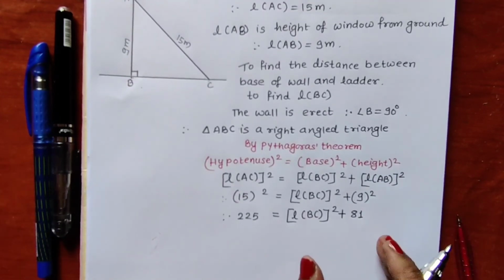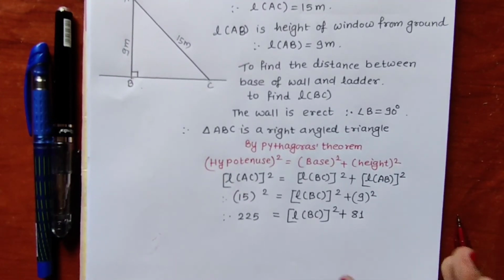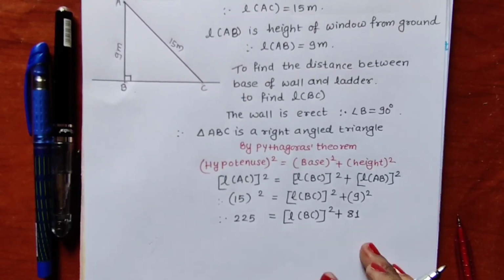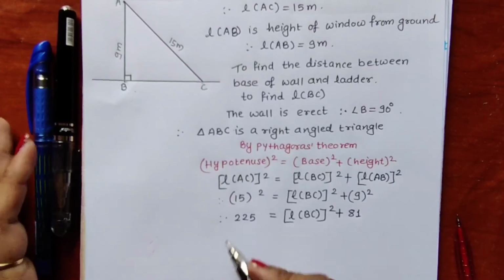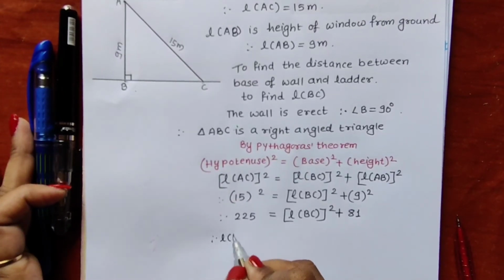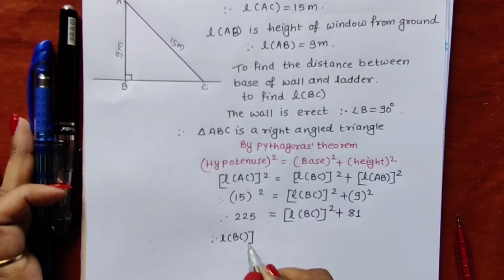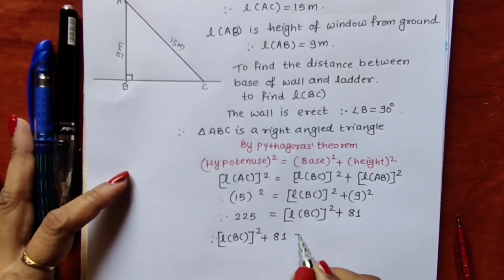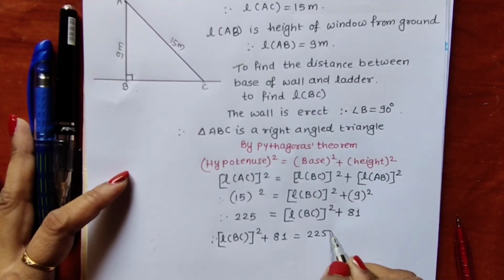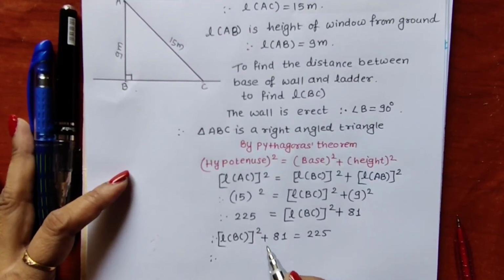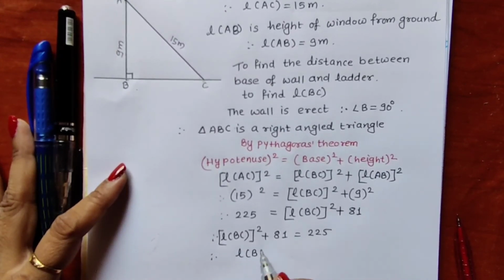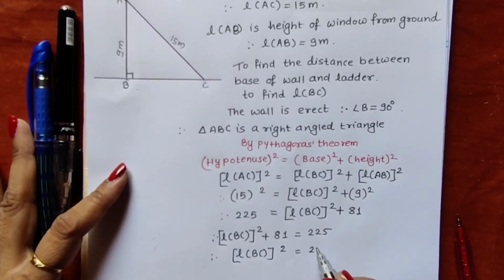Now what is to be done, because BC square is on the right hand side, we transfer the full right hand side to the left and the full left hand side to the right. So I am going to transfer here. Length BC square as it is, is equal to 225 as it is.